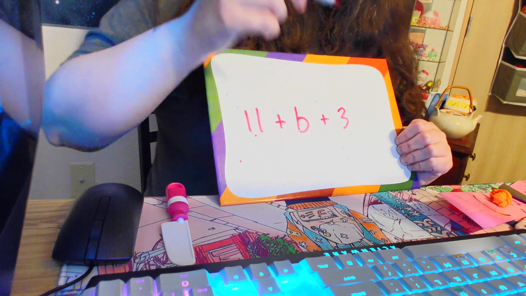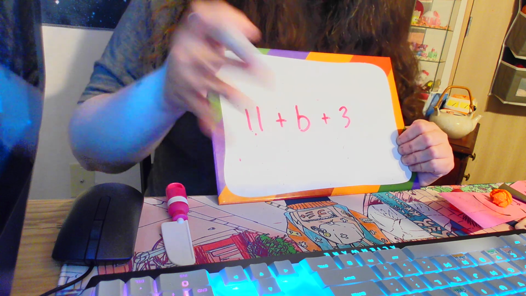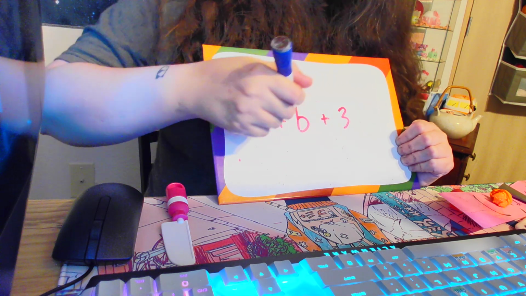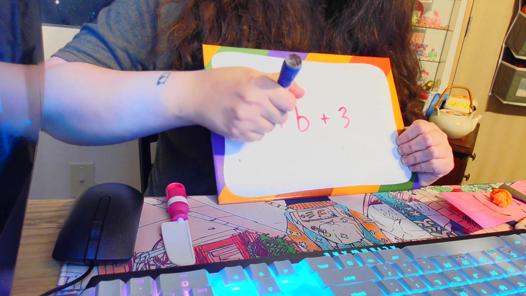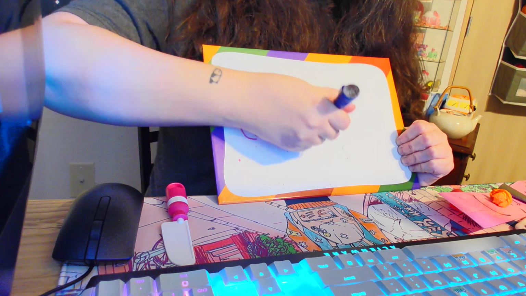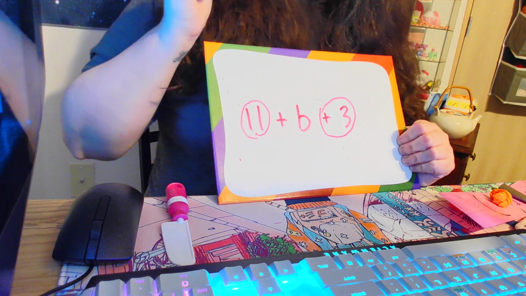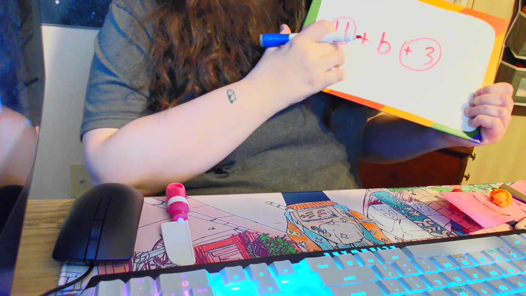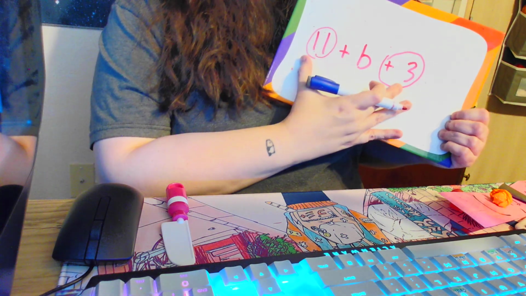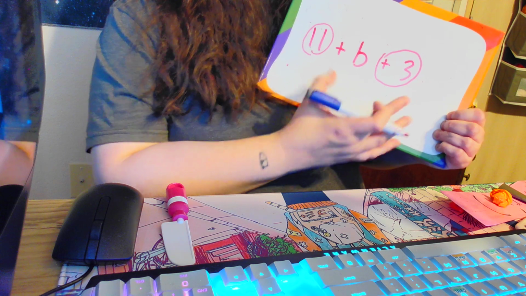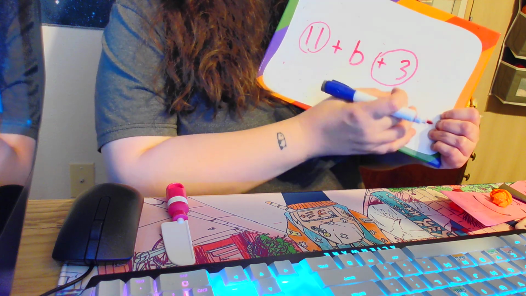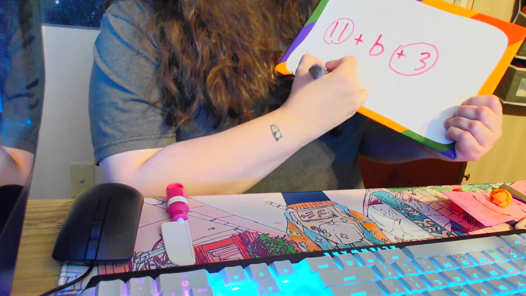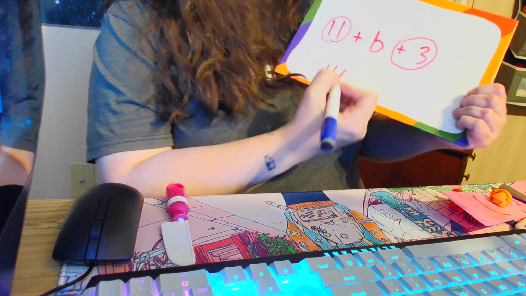Okay? Well, we can take our numbers and we can group those together. Okay? We can take this 11 and we can add it to this 3. 11 plus 3 is 14. Because we're grouping things up. We're taking the things that are alike and we can add the things that are alike together. So we can have 14.